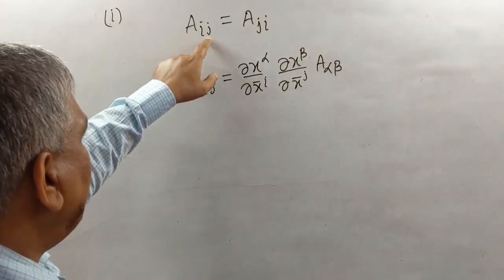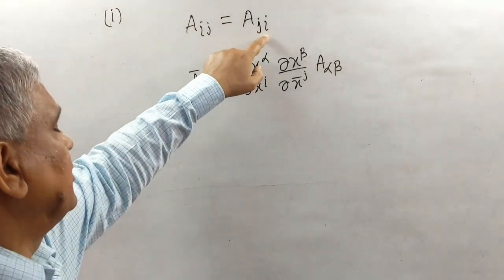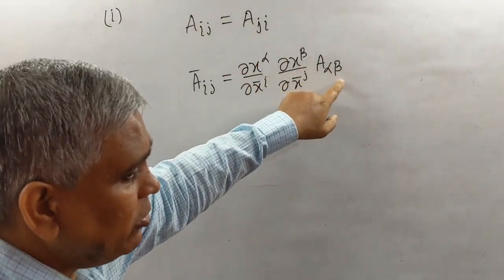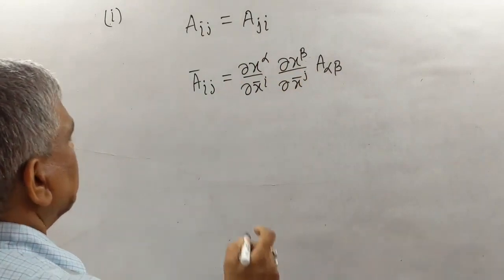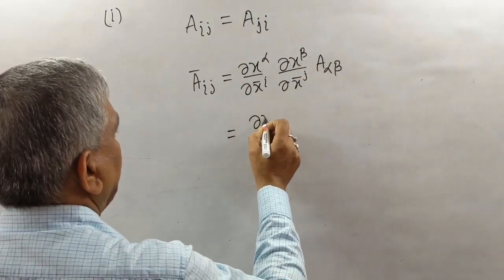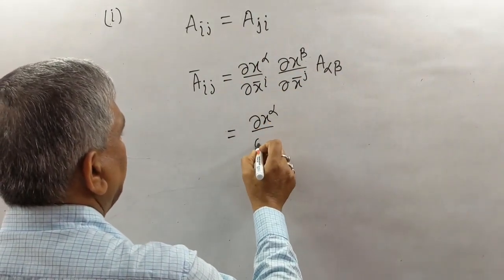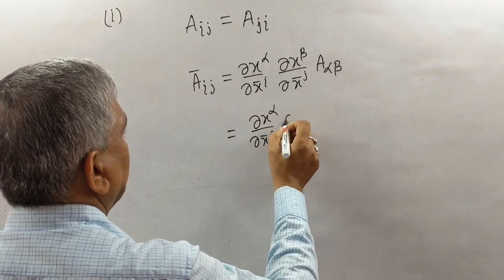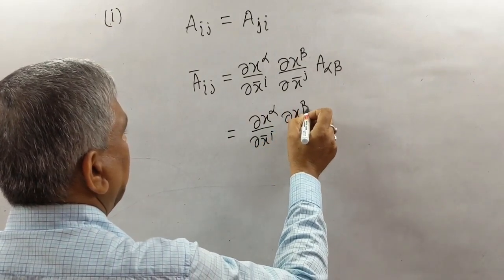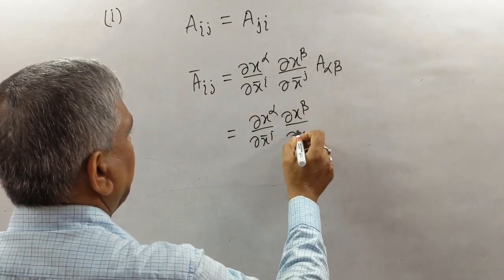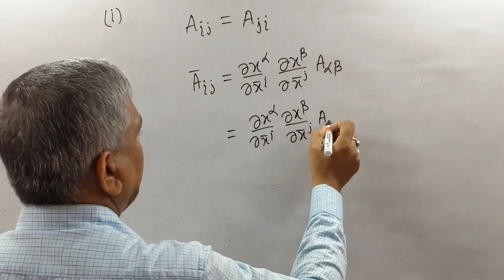Since Aij equal to Aji, therefore A alpha beta equal to A beta alpha. So we may write del x alpha by del x bar i, del x beta by del x bar j, A beta alpha.